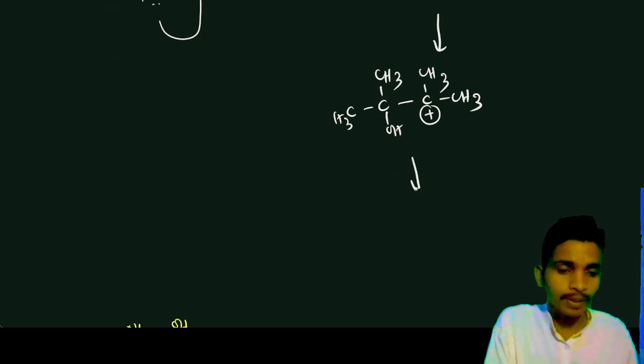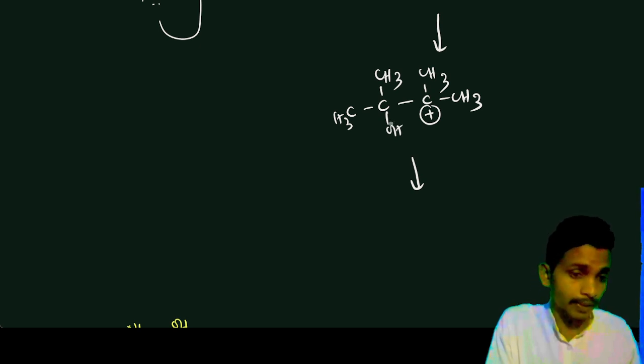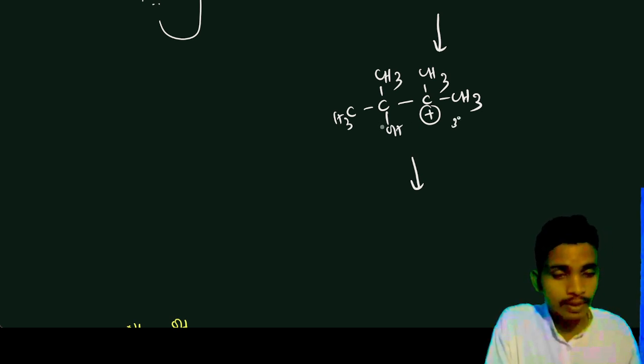Now if this carbocation shifts, it is stabilized by the plus M effect. This is a 3-degree carbocation, but if it goes to here, it will be stabilized by the plus M effect. So the methyl shift will occur.